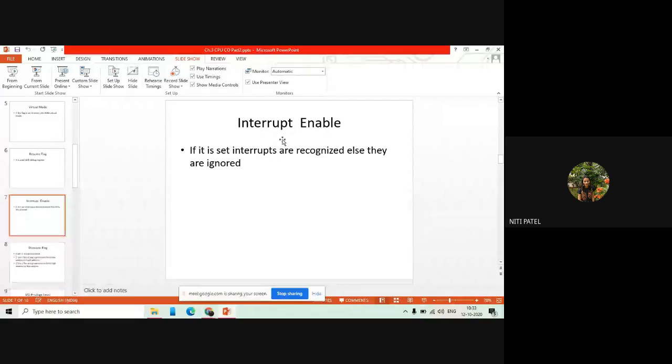Next is interrupt enable. What is interrupt enable? It is set if the interrupts are recognized, else they will be ignored. When a program is running, there are many kinds of interrupts also running. Some of the interrupts will be generated, some will never be generated, meaning recognized. Some interrupts the system will recognize and tell the user, but many of the interrupts will never be recognized by the system and never be told to the user.